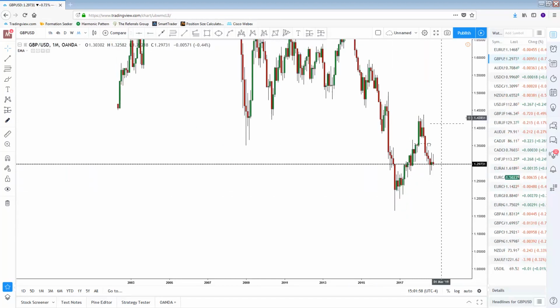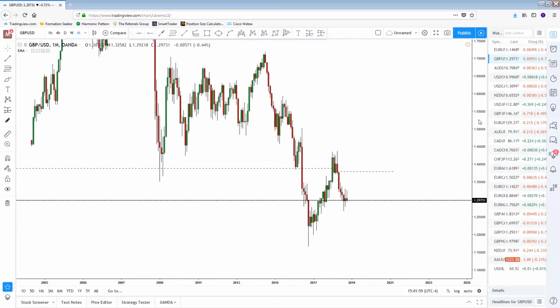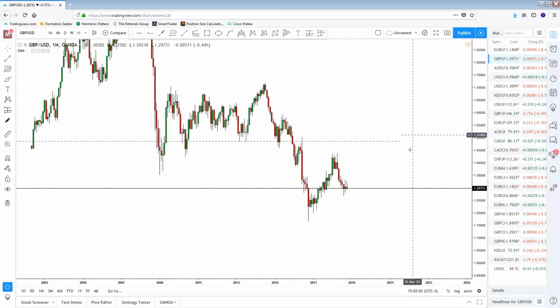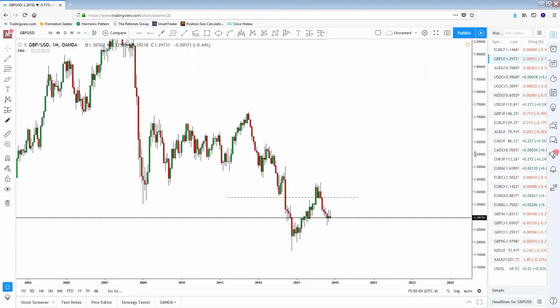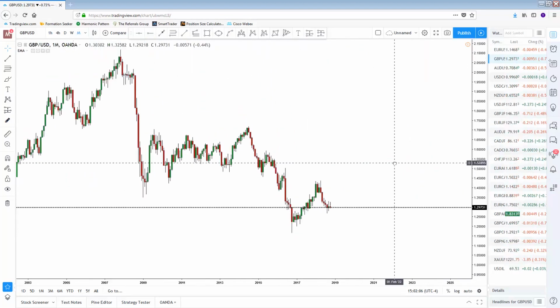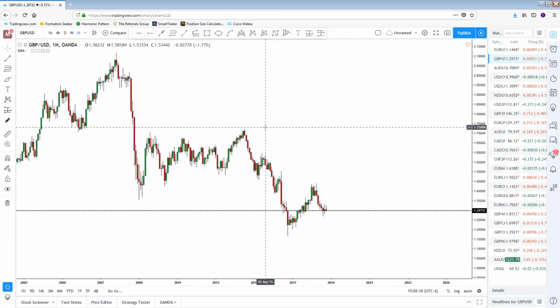So that's why I hop over to the monthly. I just want to see what direction the trend is going. And here, if you look at this on the monthly, it's clearly in a downtrend. Also, the higher time frames give me possible reversals or potential reversal areas.